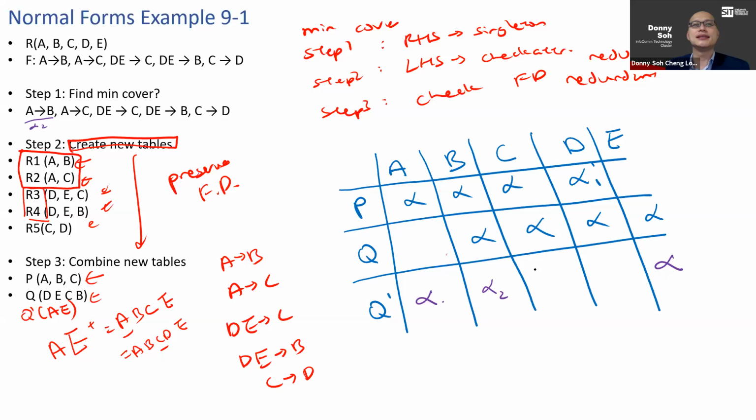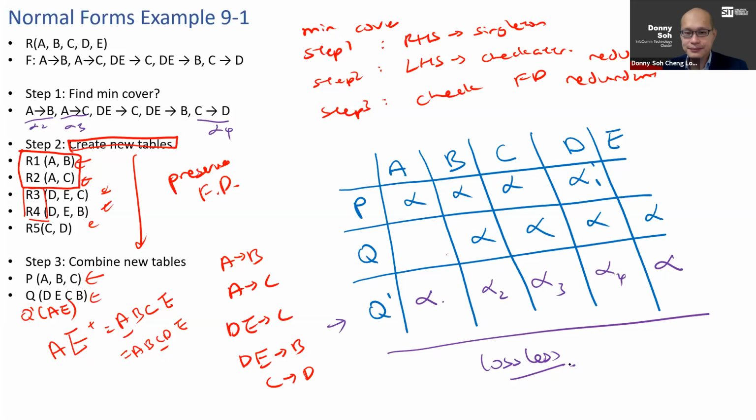I have A implies C. Alpha 3, I'll be able to have alpha 3 here. I have C implies D. And so I will be able to have alpha 4 here. So I will have a row of distinguished variables. And so this will be lossless. Okay. Hope this is clearer.